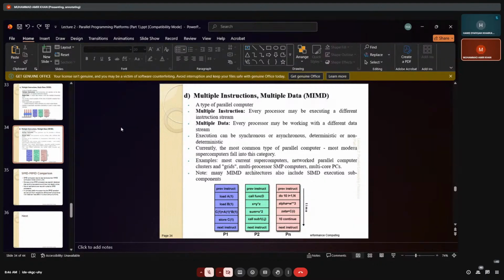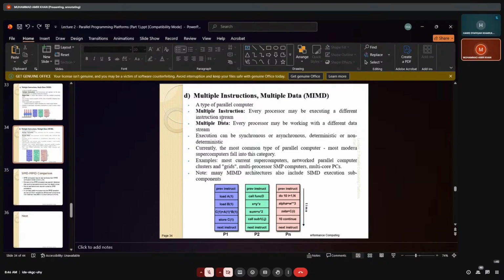MIMD. Multiple instructions, multiple data. This is basically the actual parallel computer. We call it a supercomputer. Multiple instruction, every processor may execute different instructions. Multiple data, every processor may be working with a different data stream.